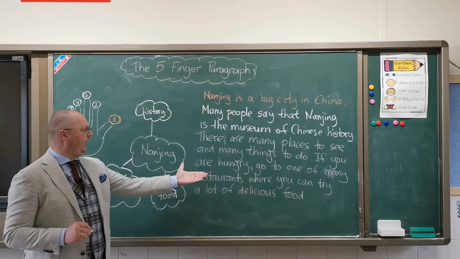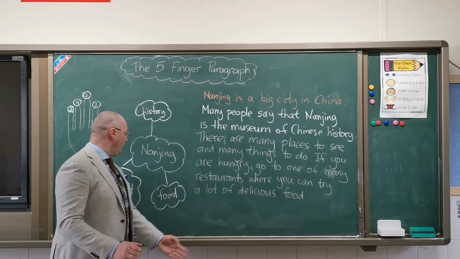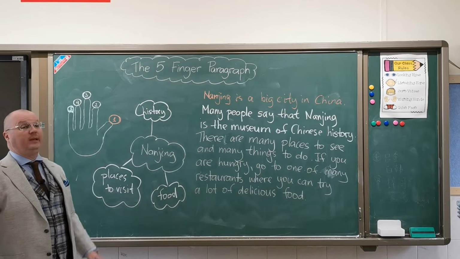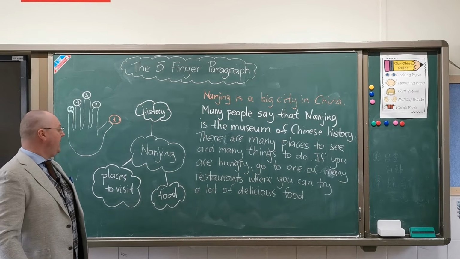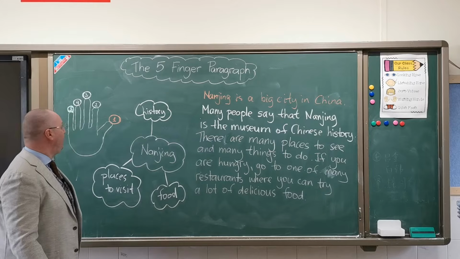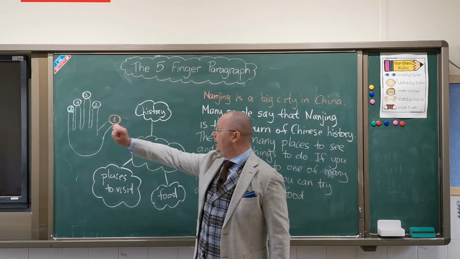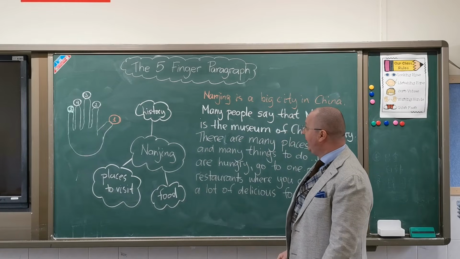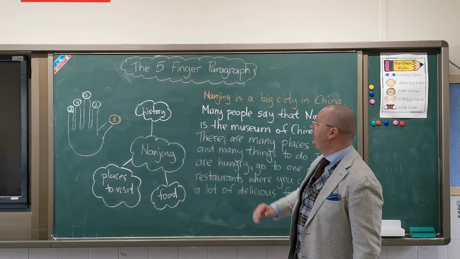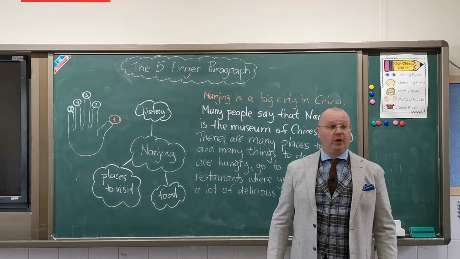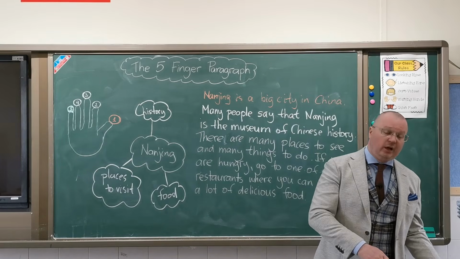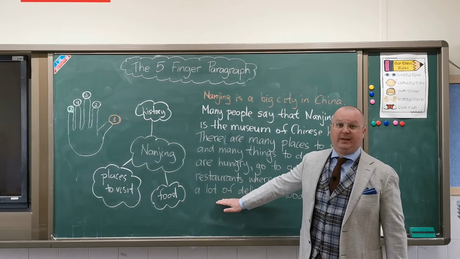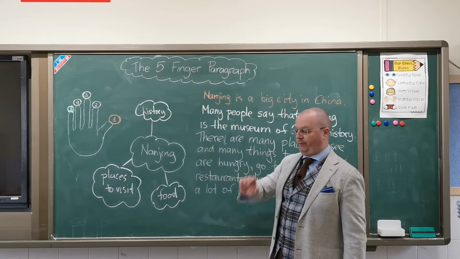There we go. Okay, so see, we have 3 sentences right there, 3 describing sentences. And now we need to conclude our paragraph. So we need to conclude our paragraph by pretty much rephrasing the first sentence. Or as you remember, we can say what we like or what we don't like about the city. So we need to connect the last sentence to the first one.